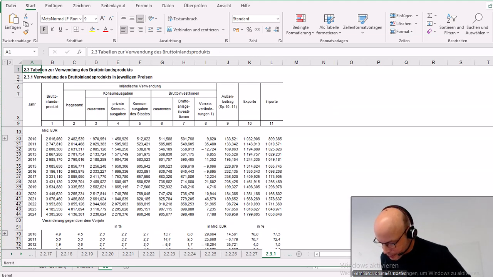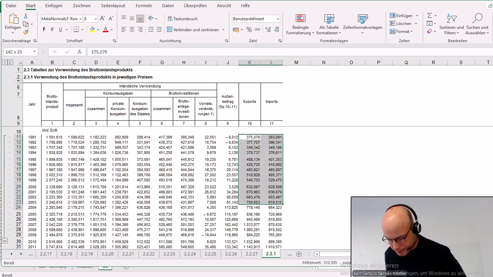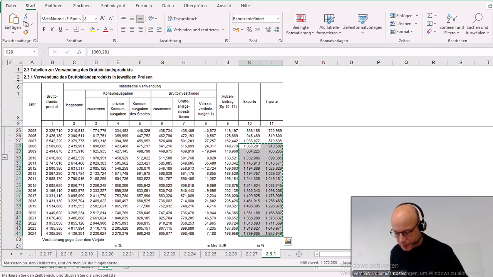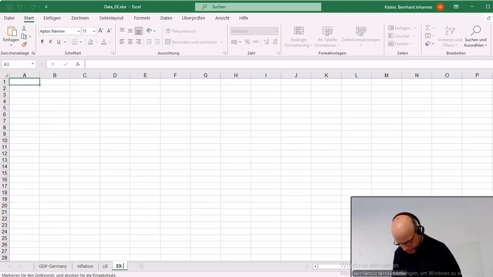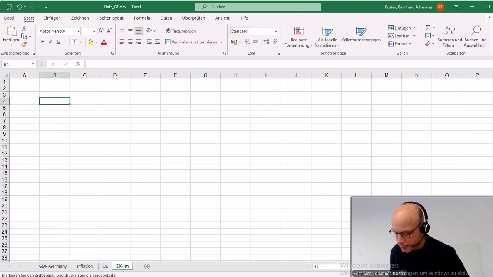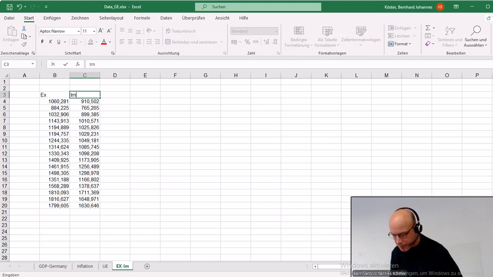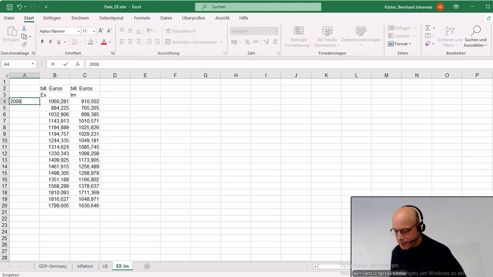Let's take both the nominal ones and the real ones. Also starting from 2008. Exports and imports. Exports, imports, and this were billion euros. 2008.